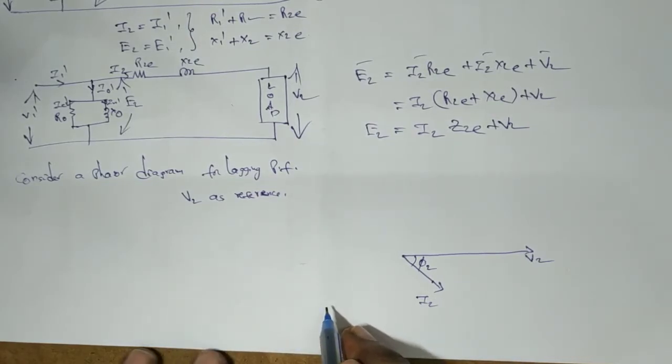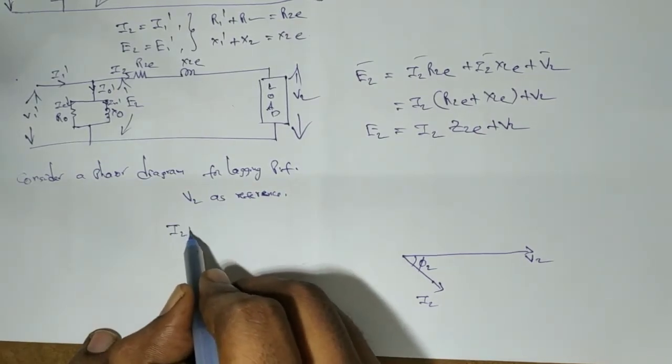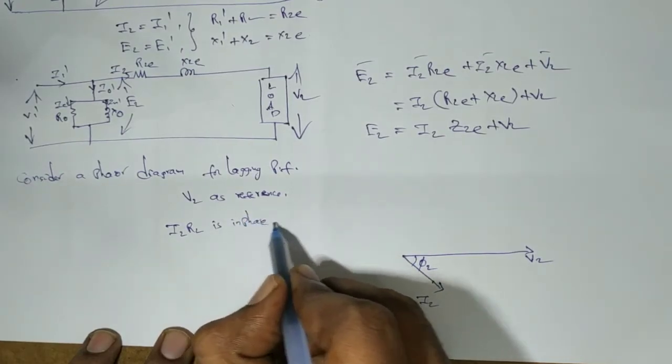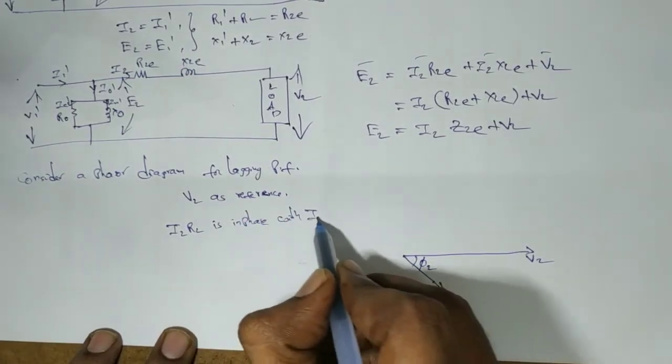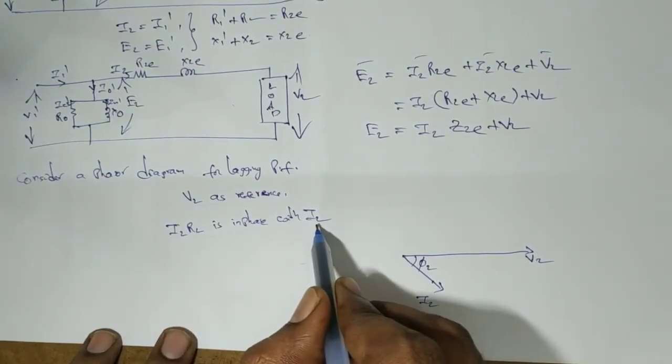Now taking another vector, that is I2 into R2. I2 R2 is nothing but voltage, because I2 R2 means voltage across resistance. In resistance, voltage and current are both in phase. So I2 R2 should be in phase with current I2.